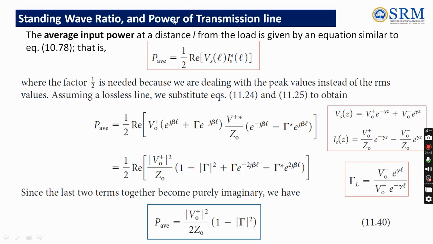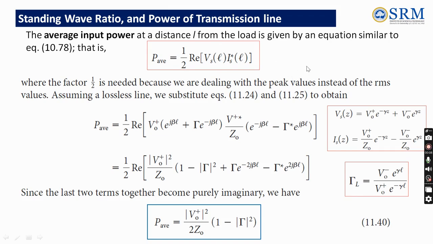Now let us find the average power of a transmission line. The average power is half of the real part of the phasor form of voltage at any point on the line multiplied by the complex conjugate of the phasor form of current. The factor 1 by 2 comes because we are dealing with peak values instead of the RMS value.